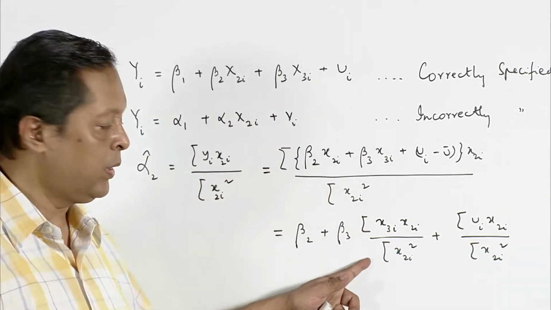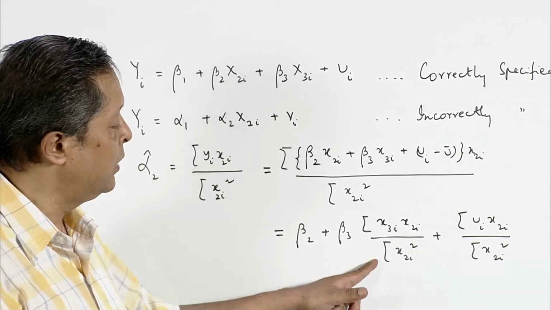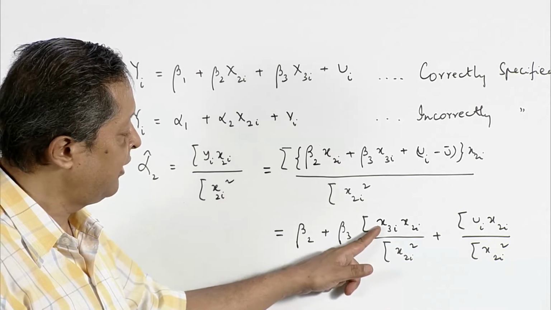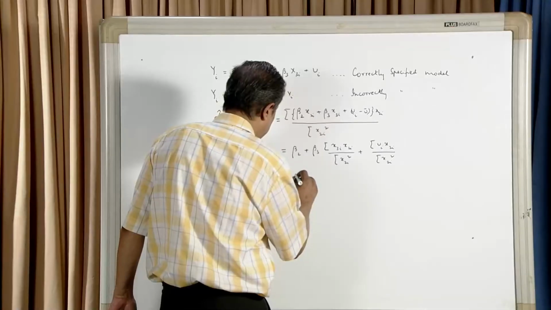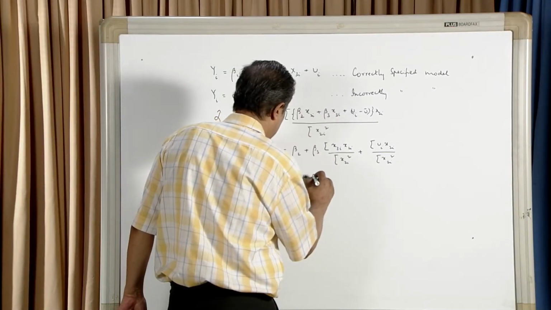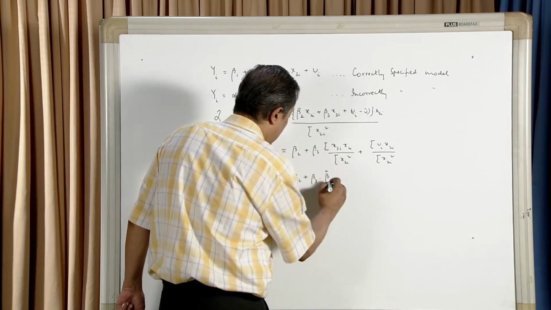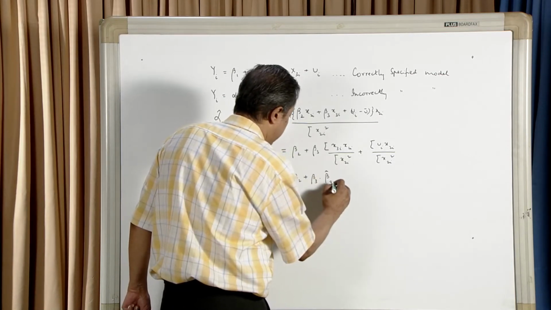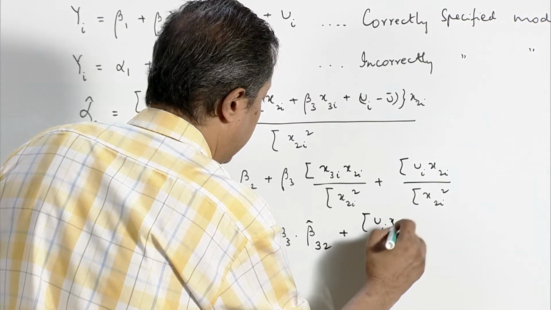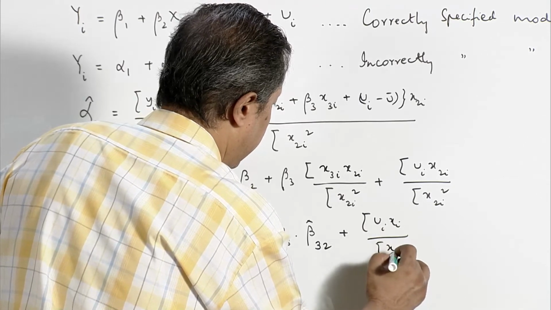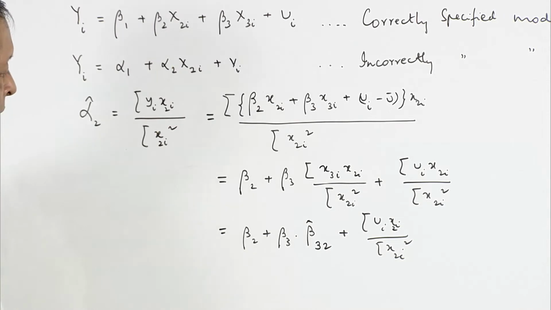It is important to note that the term in the middle is the estimated beta coefficient when the variable x3 is regressed on the variable x2. So, this is equal to beta 2 plus beta 3 times the estimated beta when x3 is regressed on x2, plus summation u_i x2i divided by summation x2i square.